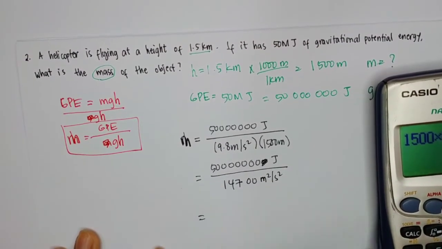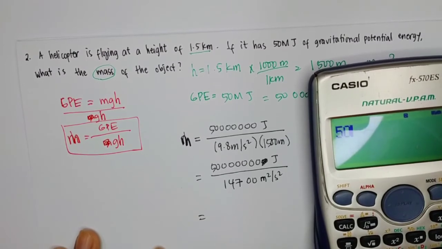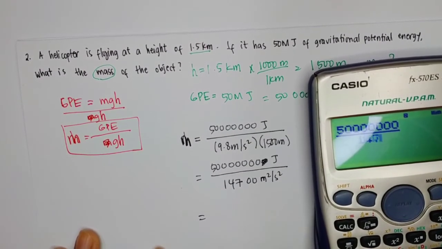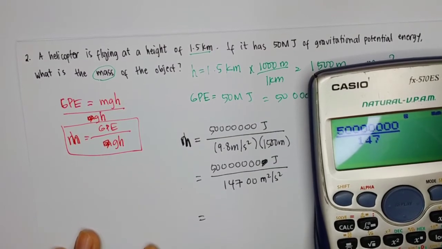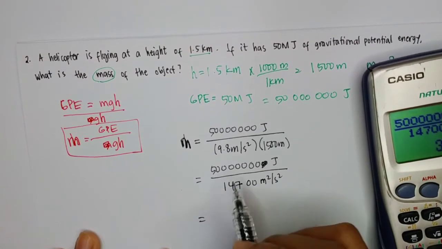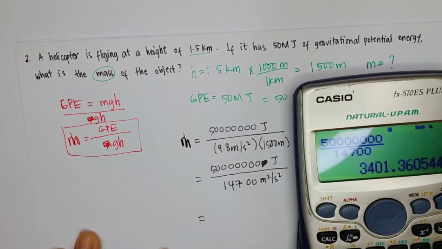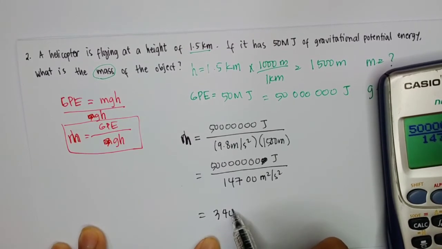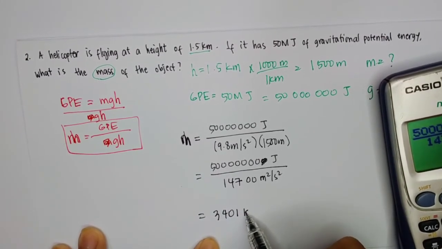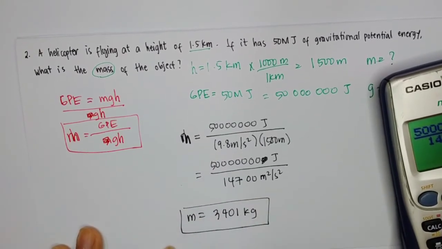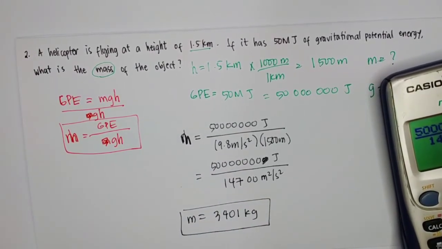Our mass will be 50,000,000 over 14,700. Let's approximate this to a whole number. This is 3,401 kilograms. That is the mass of our helicopter.